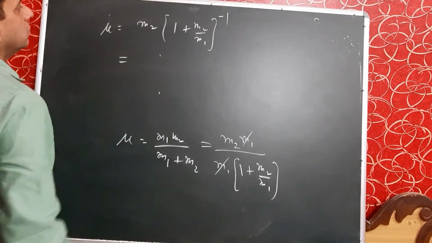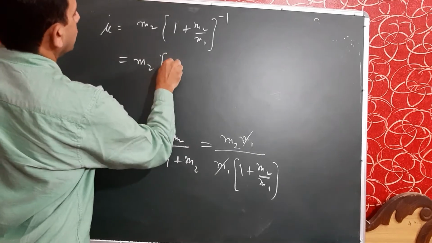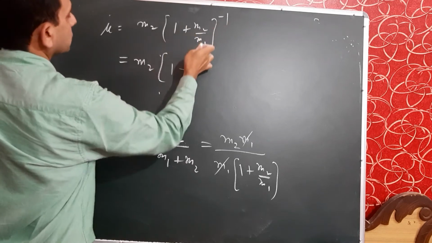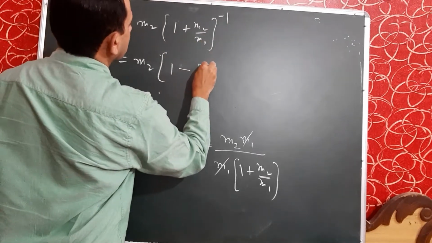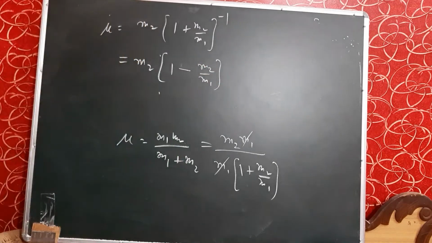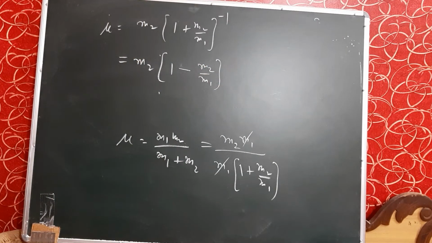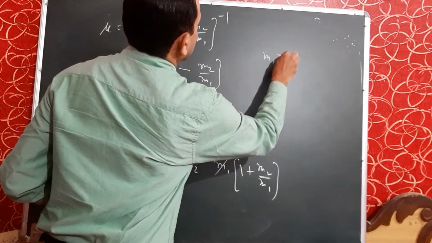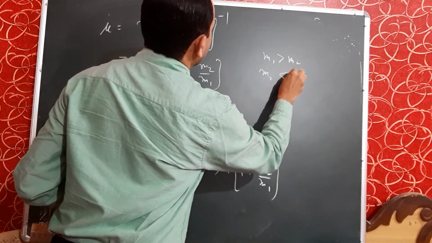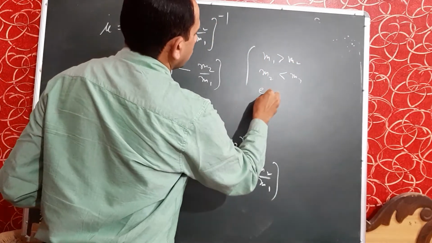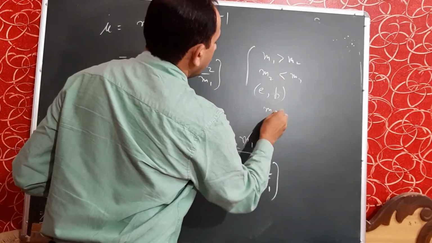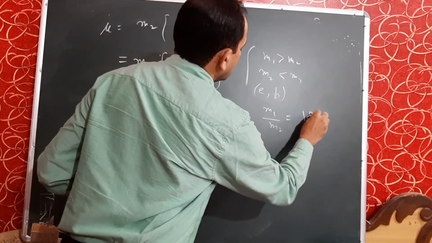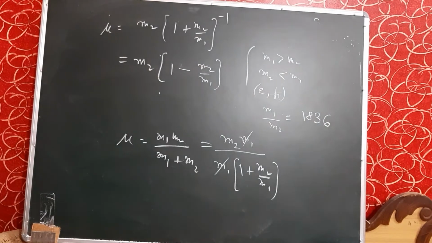So applying the binomial theorem, (1 + x)^n is 1 + nx, so it becomes m2 (1 - m2/m1), and higher powers can be neglected because this term is very, very small. You know that m1 is greater than m2, or m2 is less than m1. In the case of the electron and proton, m1/m2 is 1836.